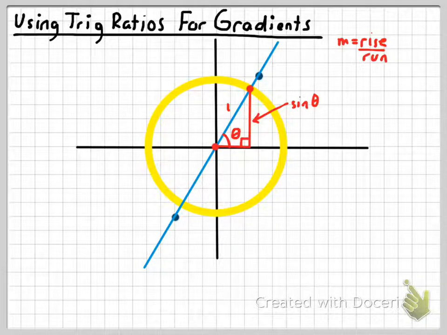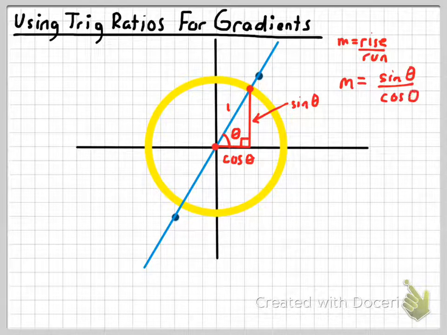And the x-coordinate, or the run, in this case, would be cosine of theta. So does this make sense how the slope then would be equal to the sine of theta over the cosine of theta? Very good.